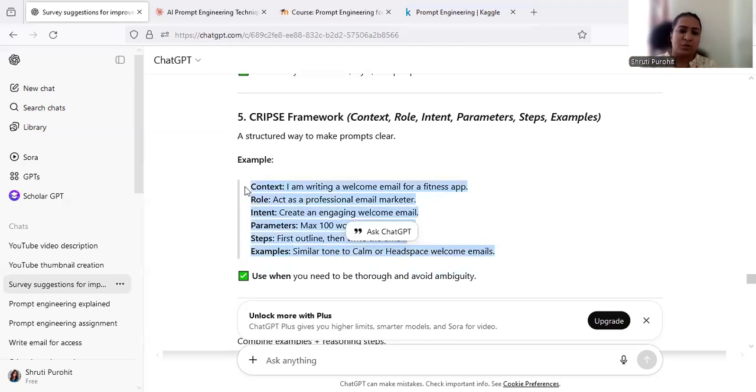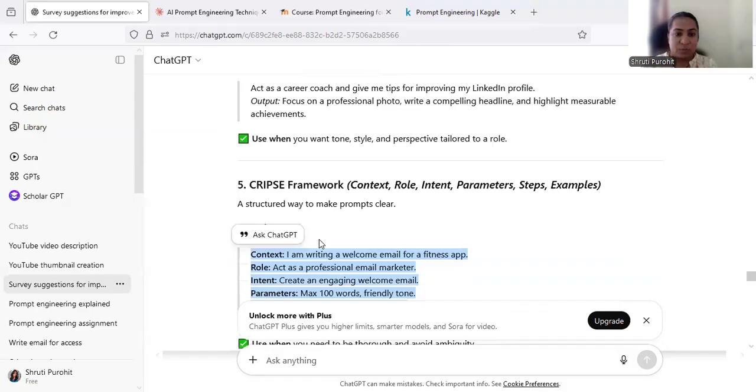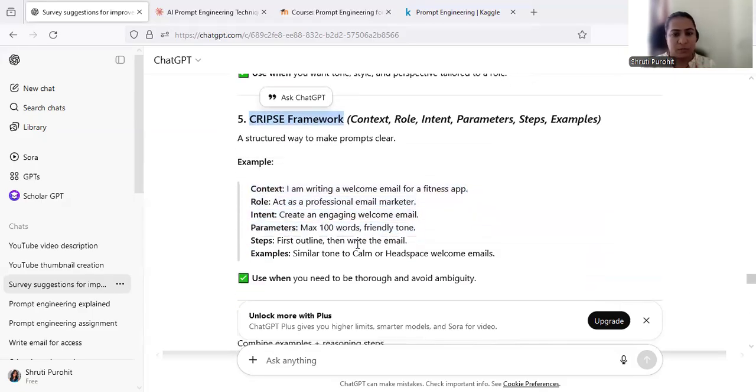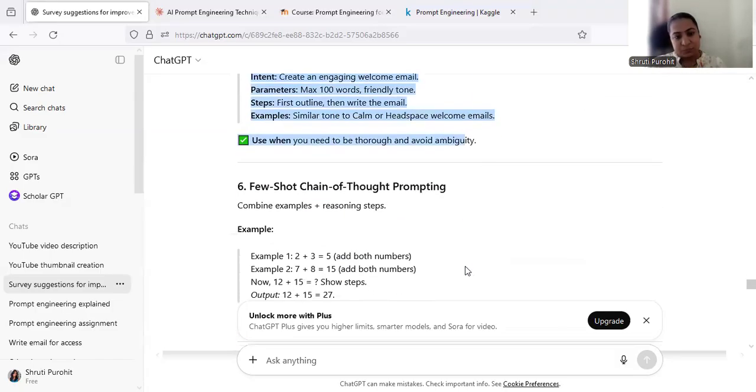So this is the combination of lots of already discussed techniques for prompting. So it is considered the best framework for prompting. If you don't remember what you have to do, and when you have to use which kind of prompting, you can go ahead with it.